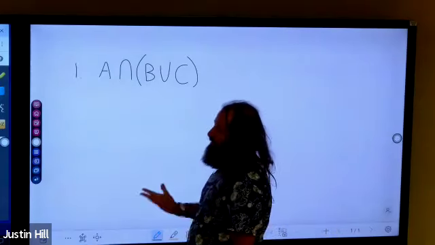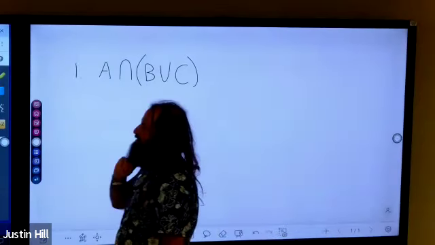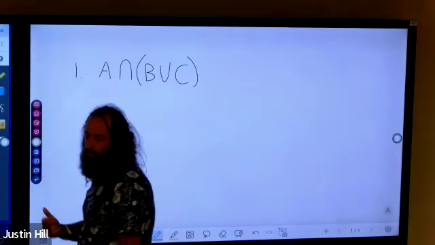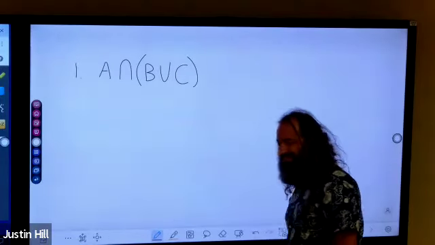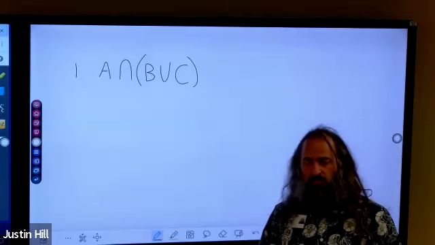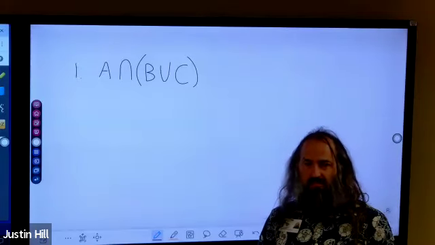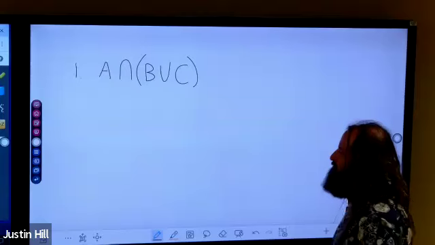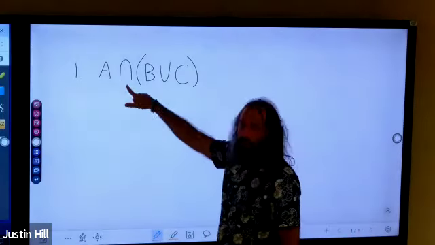The key here is they use the word and. Coming from the last section, which set operation had and as a definition? Good, it was the intersection.